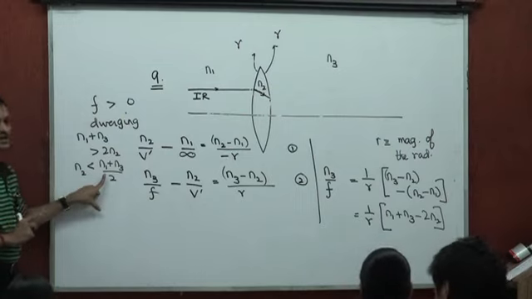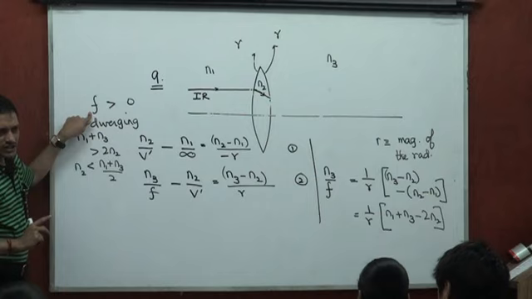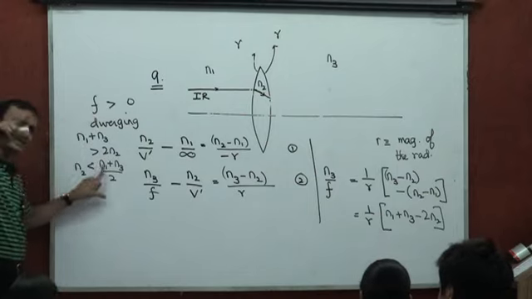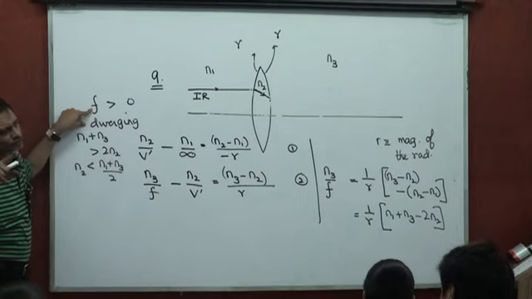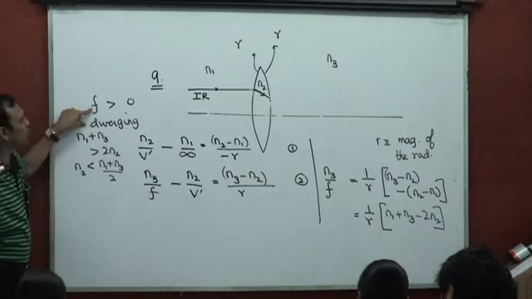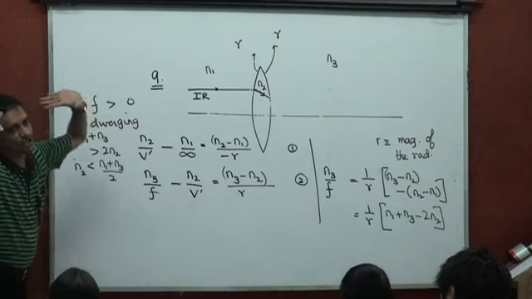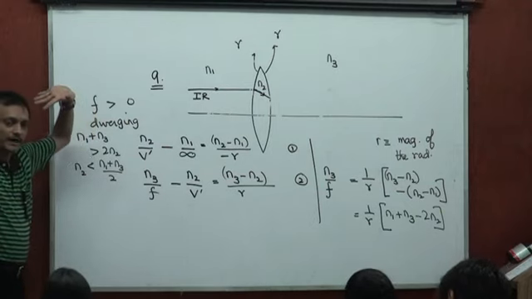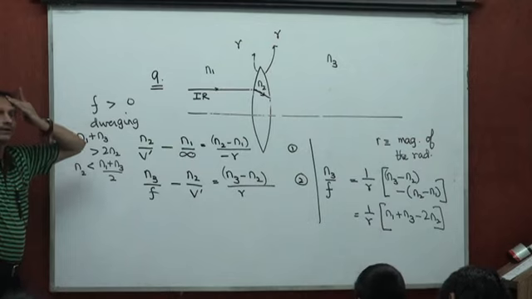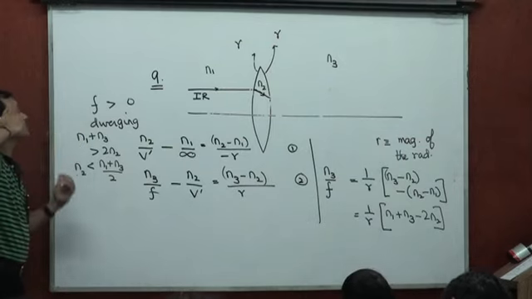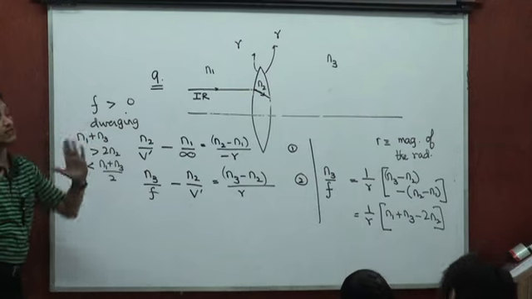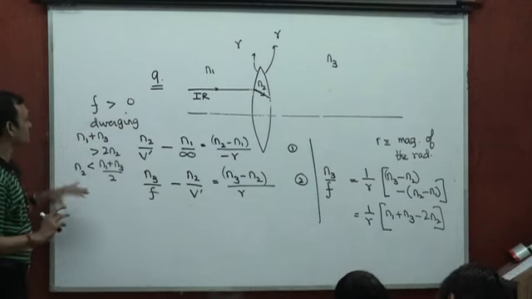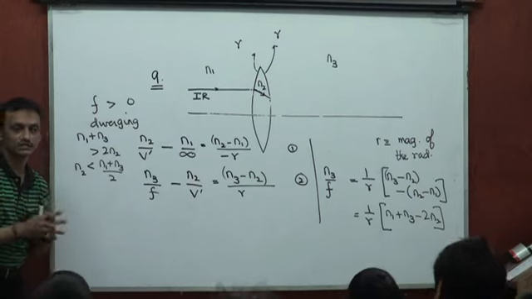So when N2 is less than the arithmetic mean, it will be a converging lens. When N2 is greater than N1 plus N3 by 2, the sign of f would change, f will become less than 0, and it will become a diverging lens. Right? So based on whether N2 is greater than or less than the arithmetic mean of the surrounding medium, it will either be a diverging or a converging lens. Right?